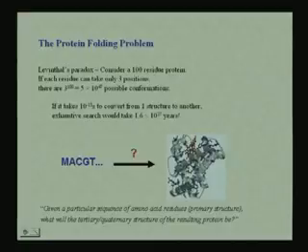So, of the 10 to the 47 possible conformations that are available for a protein that is only 100 amino acid residues long, if it took less than a picosecond to determine whether it was going to fold into any one of these possible conformations, then it would take 10 to the 27 years for a single protein to fold, which it does in a matter of milliseconds. So, it knows exactly how it is supposed to fold.